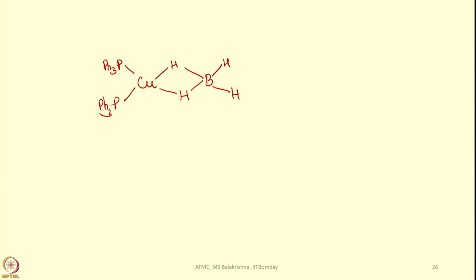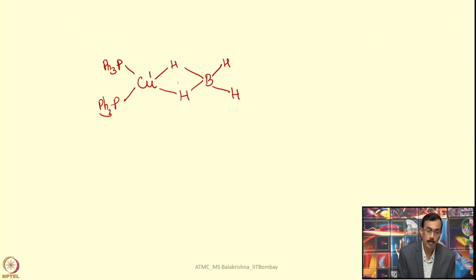You can see here copper is in +1 state and then BH4 minus is bridging and making two bridged hydrogen bonds here.